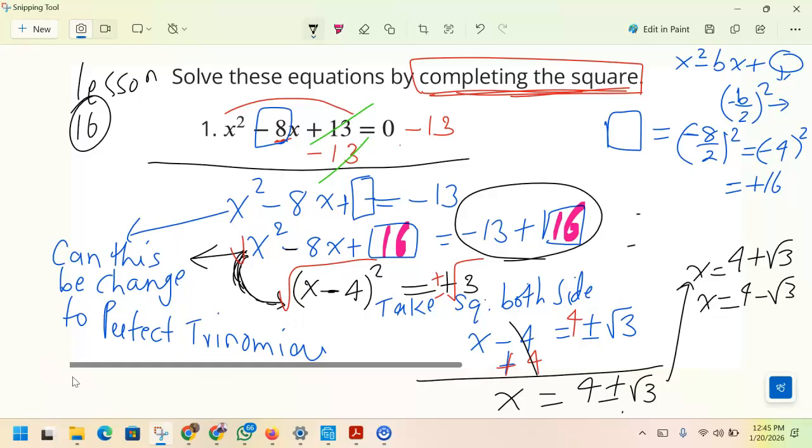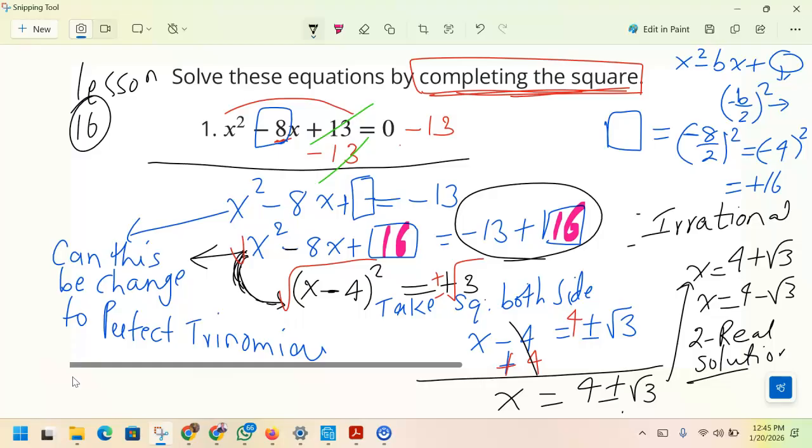What it means is two real solutions, two distinct real solutions, which are also irrational solutions. These are called irrational because there's a radical, root 3. That's why I call them two distinct irrational solutions.